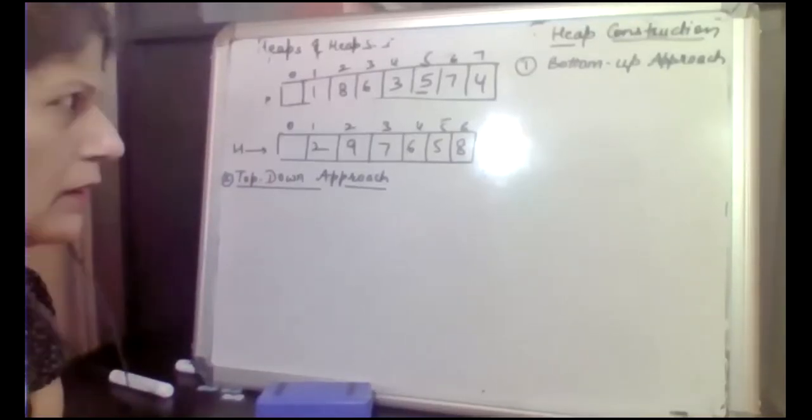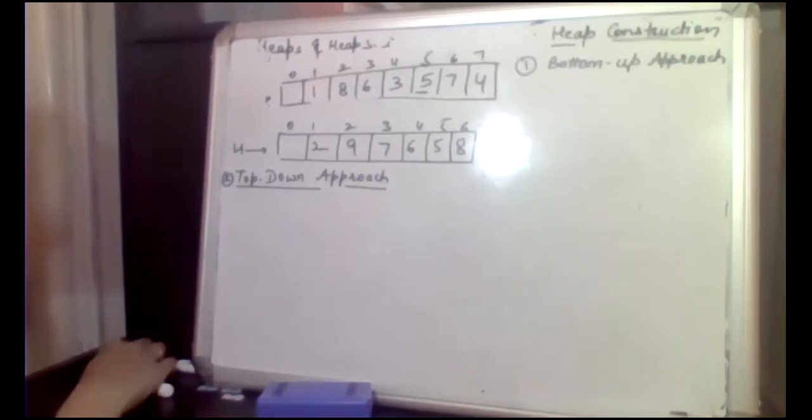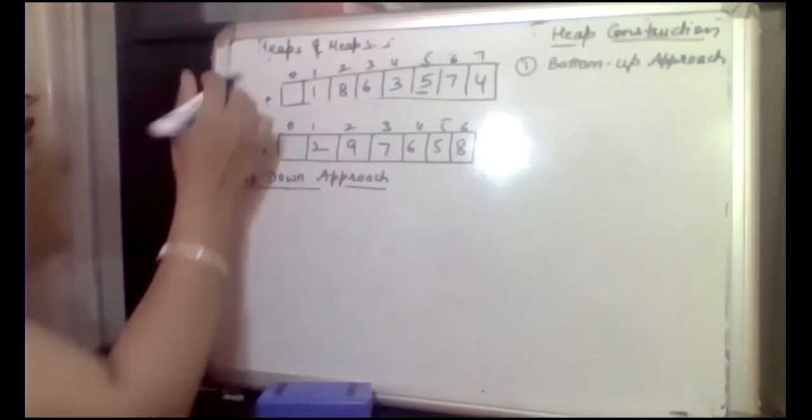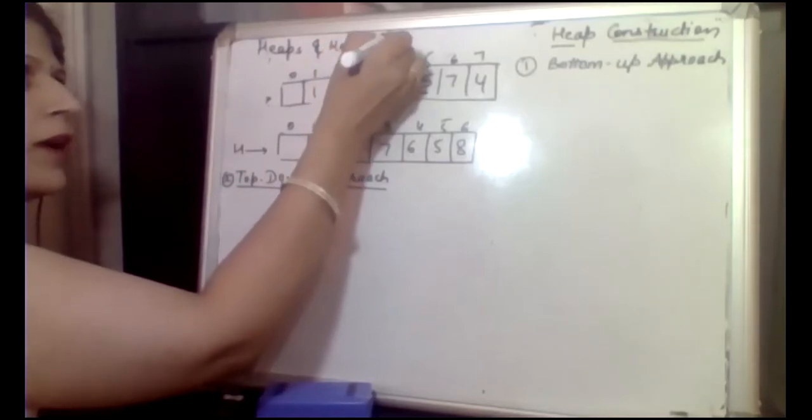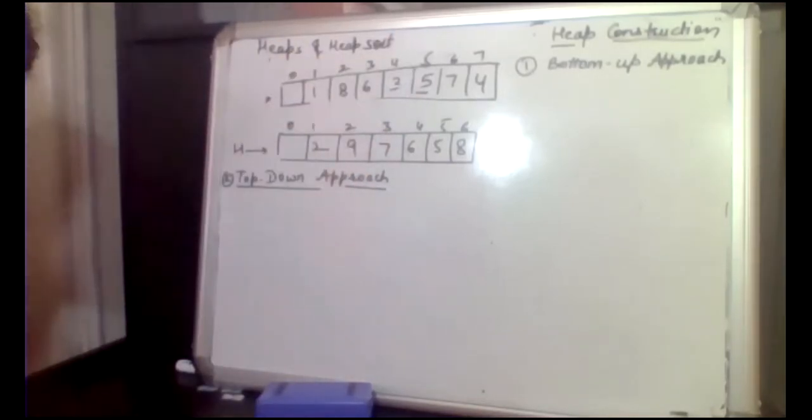In yesterday's session, we already talked about the heap and its two main properties: one was the shape property and the other was the parent dominance property.